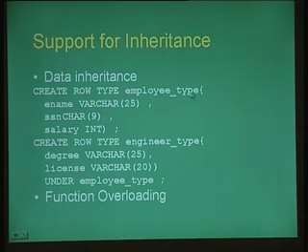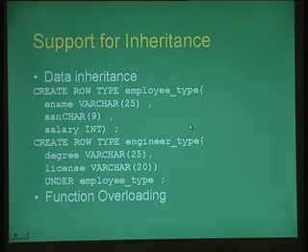So you create a row type as employee type, which contains employee name and social security number and salary and so on, and you are creating another row type, engineer type, which has two other variables, degree and license, and then there is this keyword called under employee type.